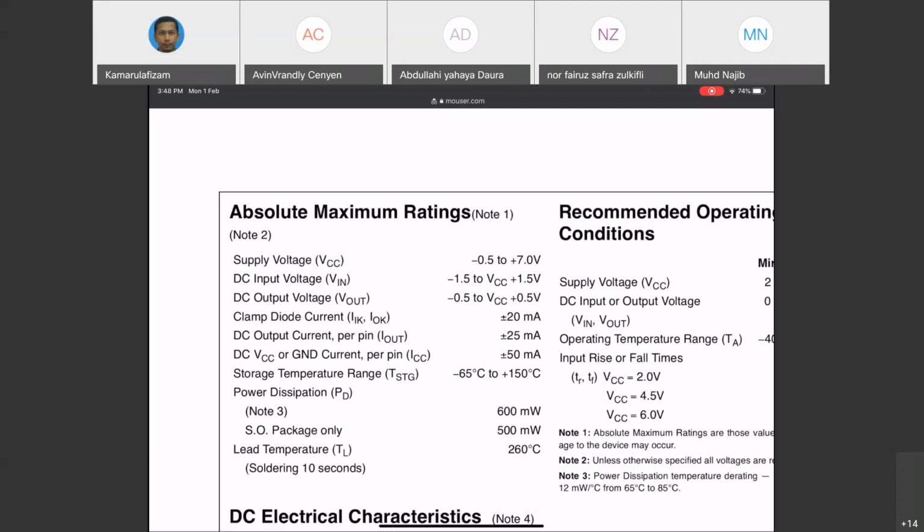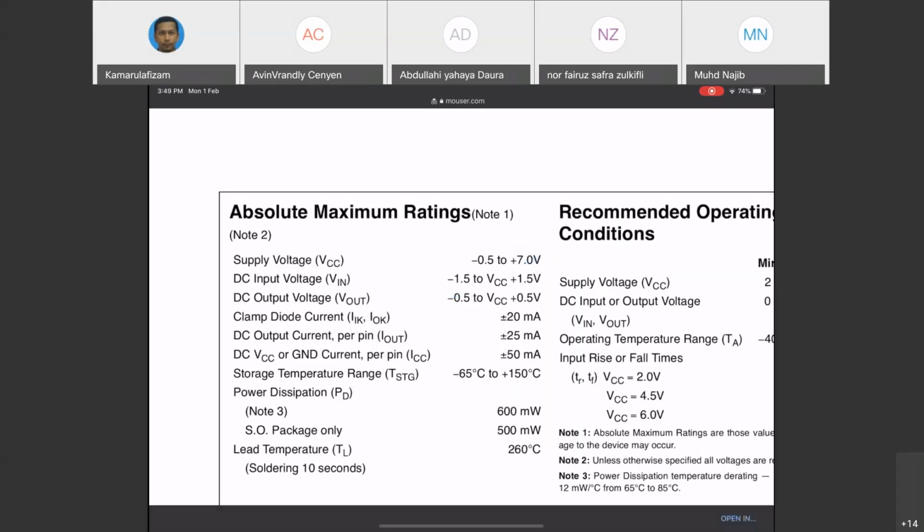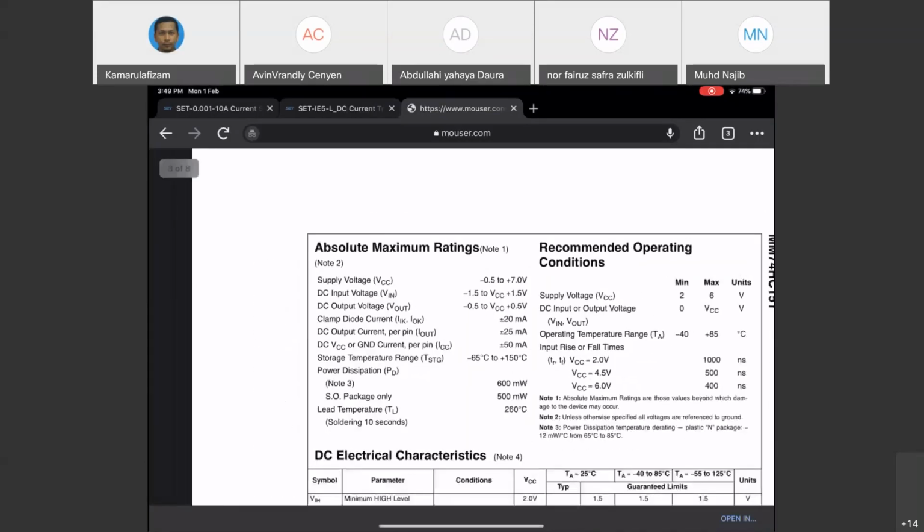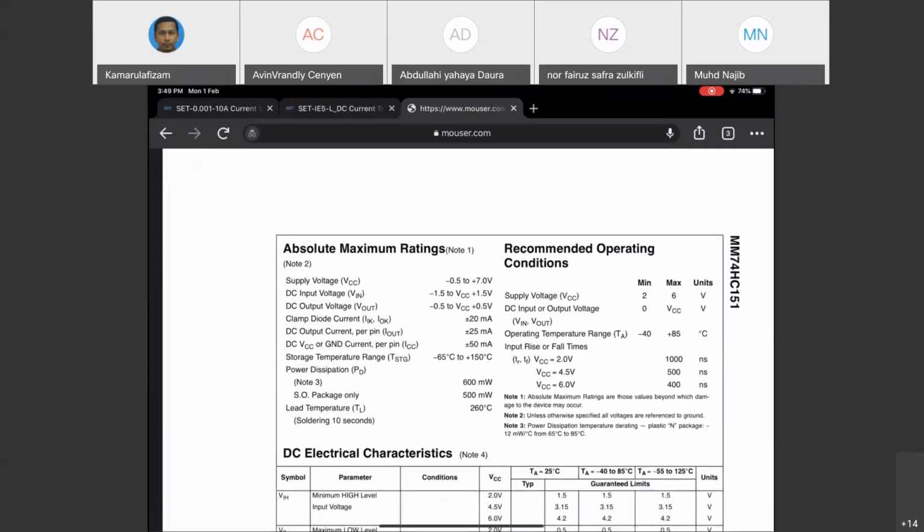In this case, your VCC, your power supply, is at 7 volts. So the input voltage that can go in is from negative 1.5 to 7 volts in this case. Because this is digital, it just goes to 0 or 1 logic at the end of the day.